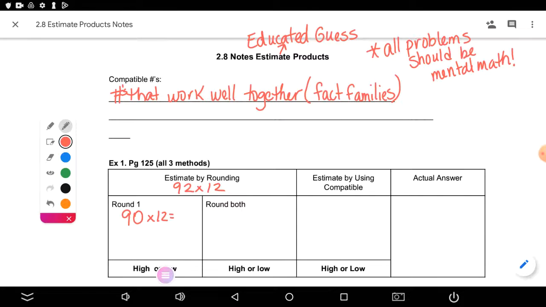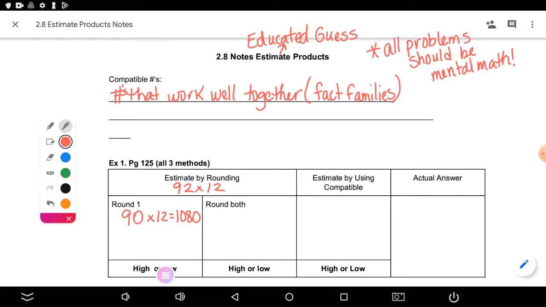Now, for some of you, that's mental math. Why may it not be mental math for some? Waylon? You might not know 9 times 12. So raise your hand if you do know 9 times 12. Okay, Dylan, what is 9 times 12? 108. So what would 90 times 12 be? 1080. We just add the 0. There's the mental math problem that we've been working on in the previous sections.